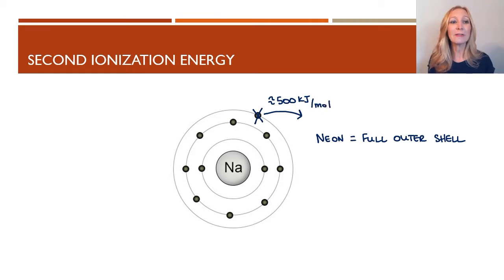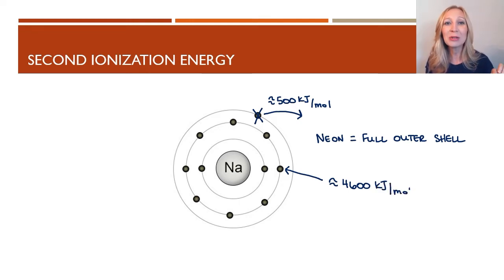So what if you want to remove another electron from sodium? Well, this is where we look at the second ionization energy. The first ionization energy, the amount of energy it takes to remove that first electron from sodium, is about 500 kilojoules per mole. Now, if we want to remove another electron from sodium, keep in mind, by now it's happy.